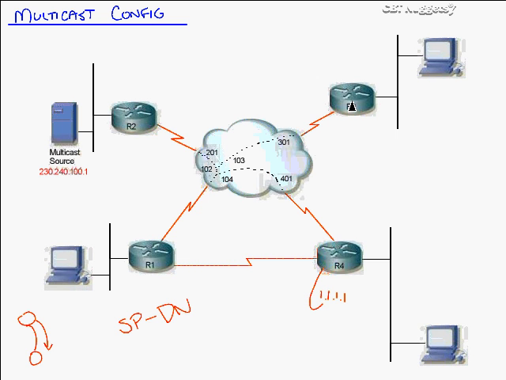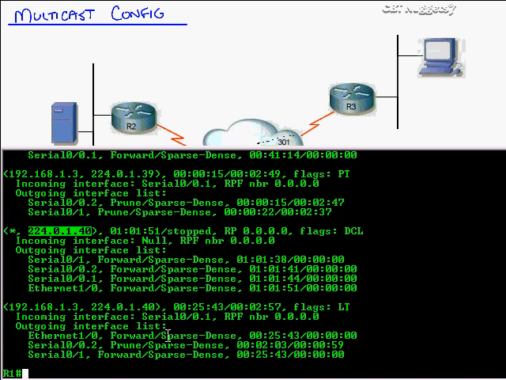That way, that announcement will travel throughout the network and then get pruned back. These addresses, 224.0.1.40 and 39, that's what is used for the auto RP announce and mapping agent or discovery messages that we've seen. That's why we have to have the sparse-dense mode configured.